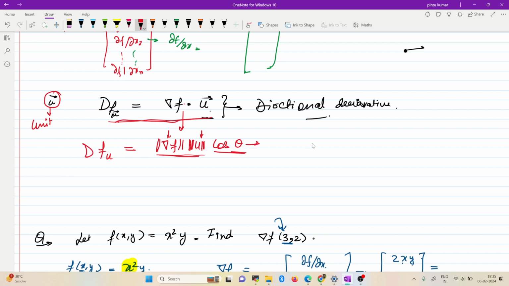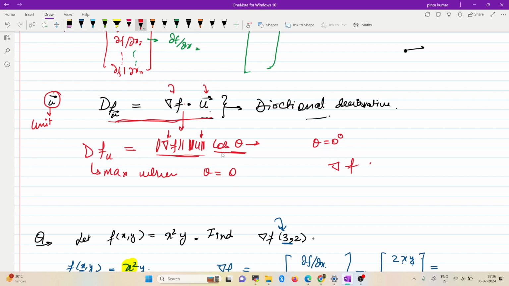So when is cos theta maximum? When your theta is equal to 0 degree. So we will get maximum value when theta is equal to 0. Theta is angle between gradient of f and u. So what is the vector that has 0 degree angle with gradient of f? It is gradient of f itself, right?